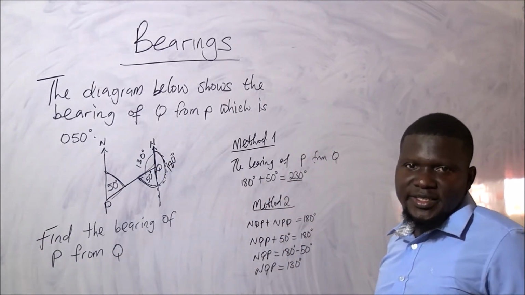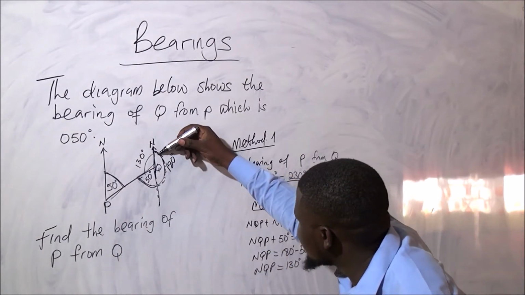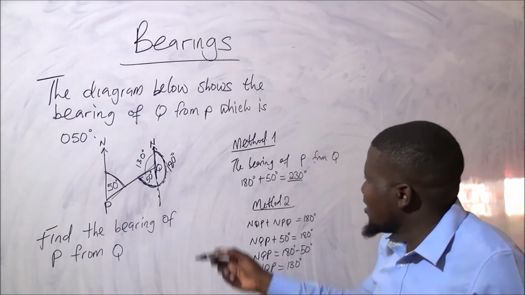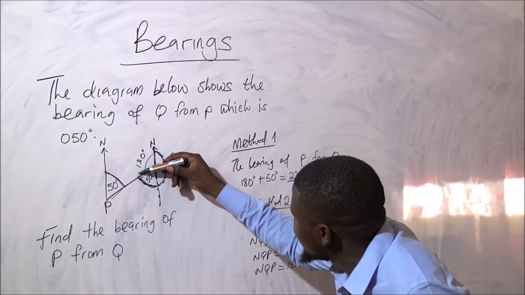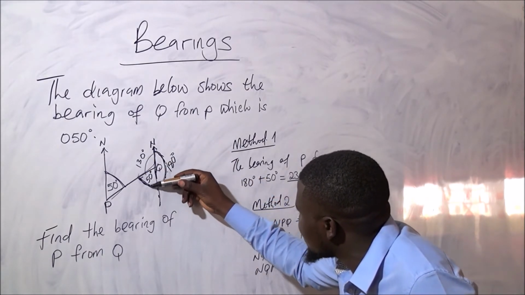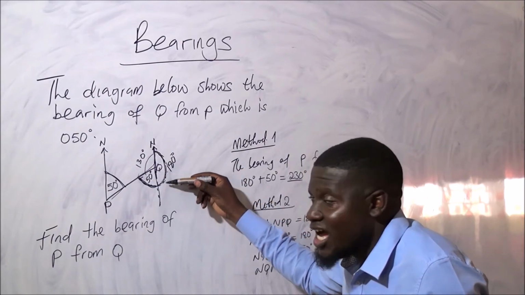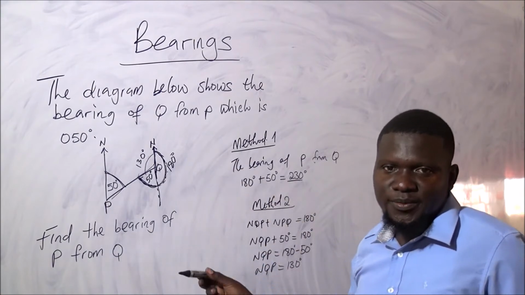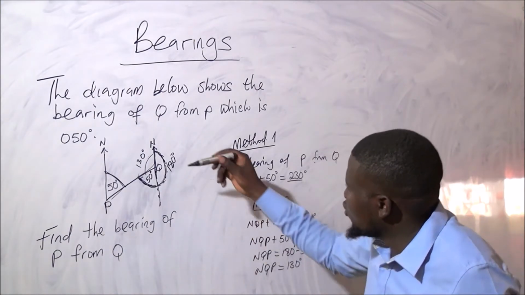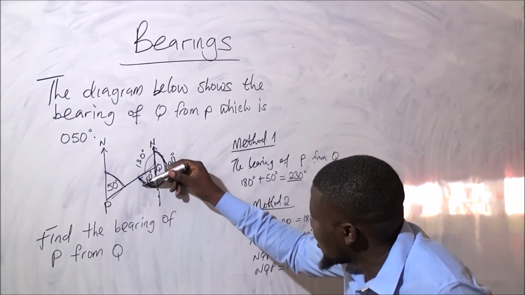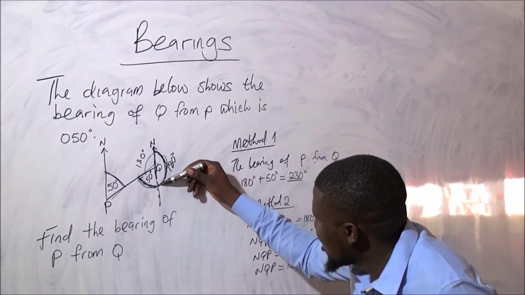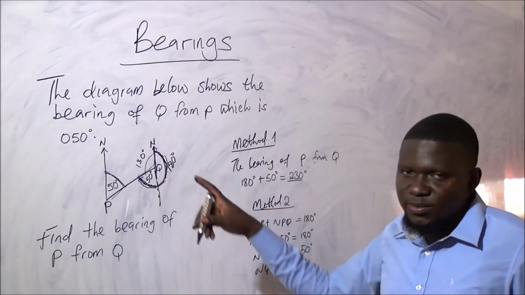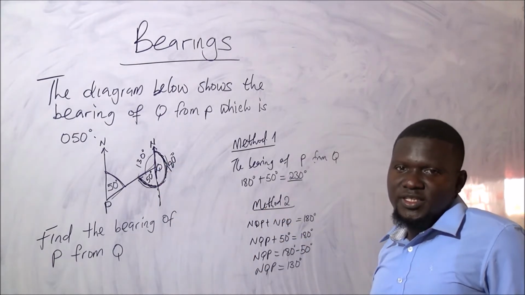Now we want to find the angle from here up to there. But bear in mind that all the angles at this point add up to 360 degrees, which is the complete revolution. So for me to find the angle from Q up to there, I have to use 360 degrees and subtract that angle, which is 130 degrees.